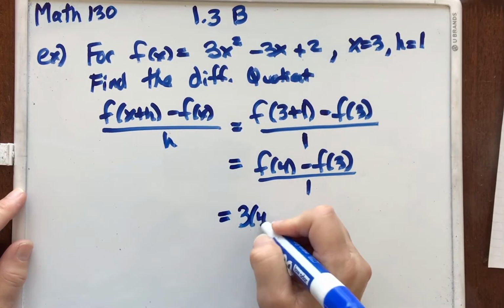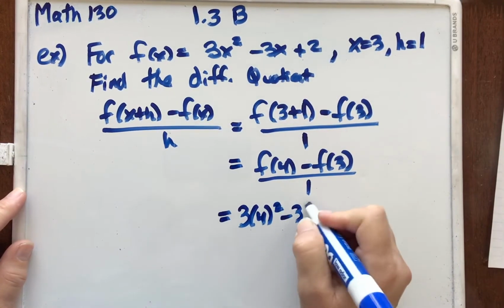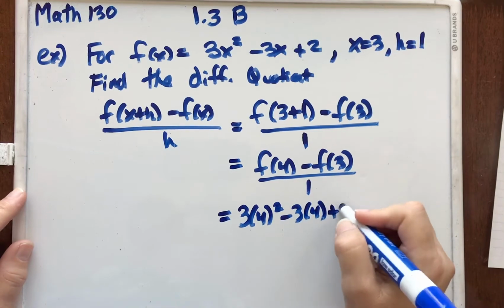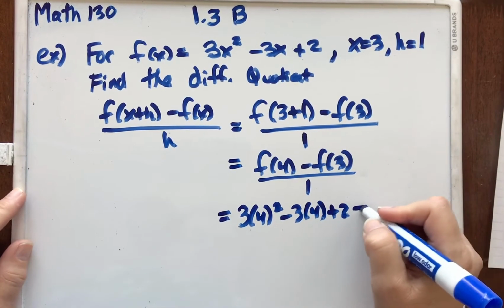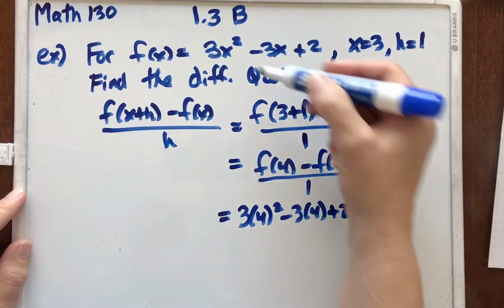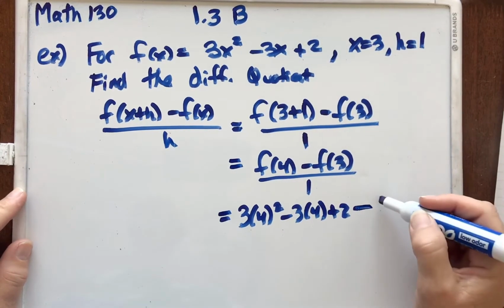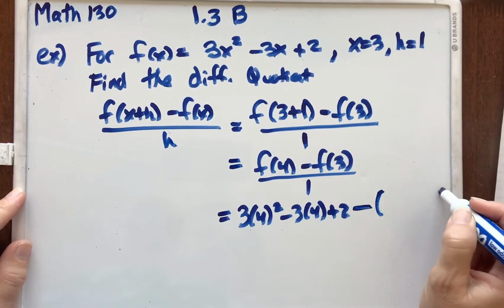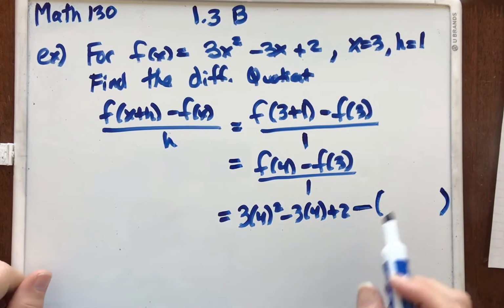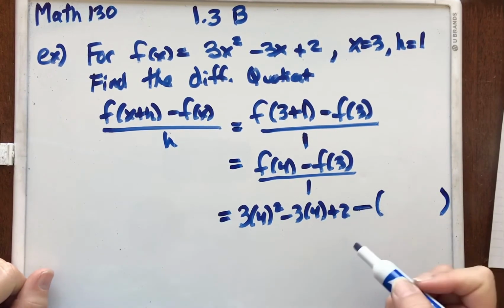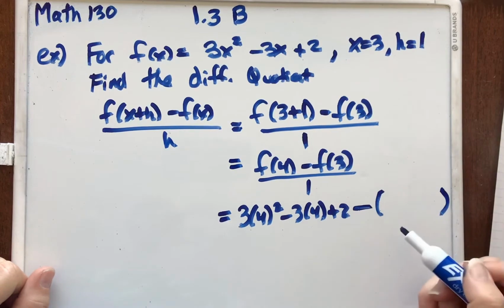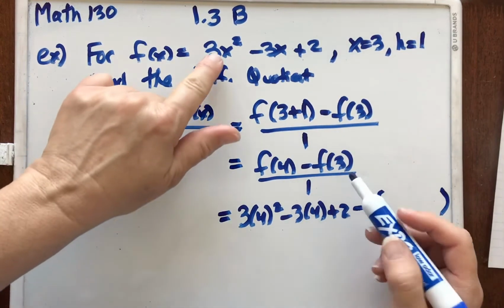So we have 3 times 4 squared minus 3 times 4 plus 2 minus. Now, if we're going to be putting this all in here, when you have a minus sign, I don't know if you learned this previously in your other classes, you need to put parentheses so you don't make a mistake of not distributing. We're going to have to distribute, so you need those parentheses. So let's put the 3 in there now.